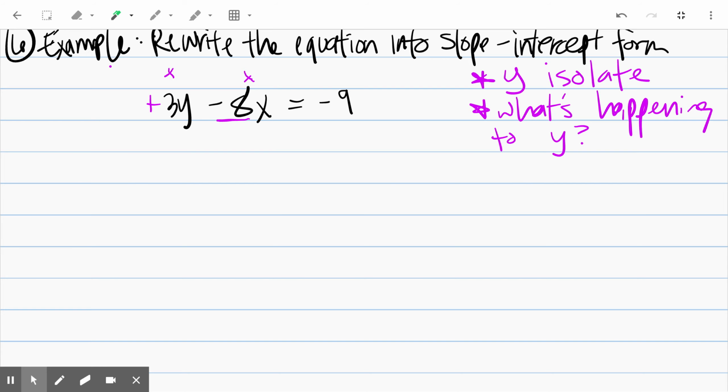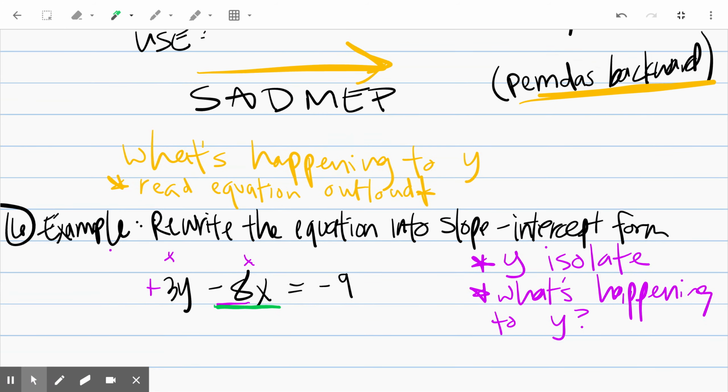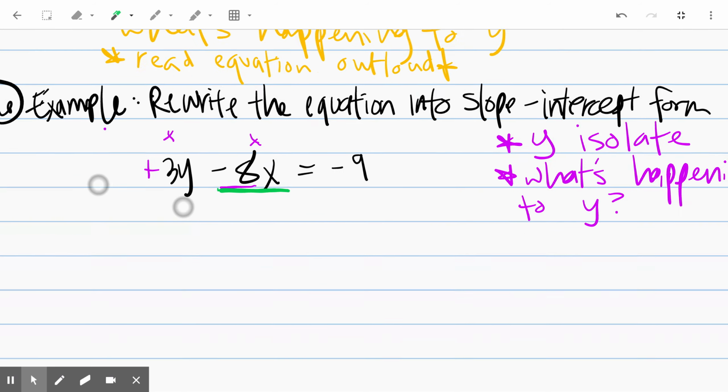Okay, so we want to isolate y. So what is happening to y? We've got multiplication going on. We have subtraction of this term and multiplication in that term. So again, we want to do SADMEP backwards. Any term that is being subtracted or added to the y term, I'm going to get rid of first.